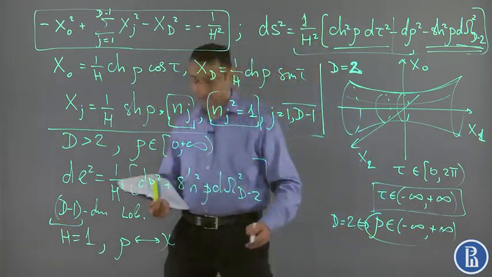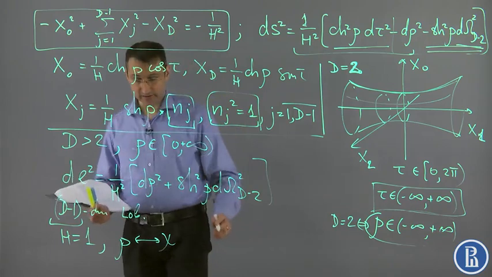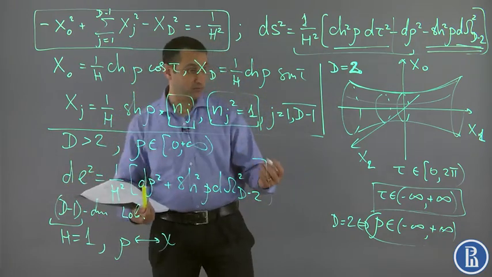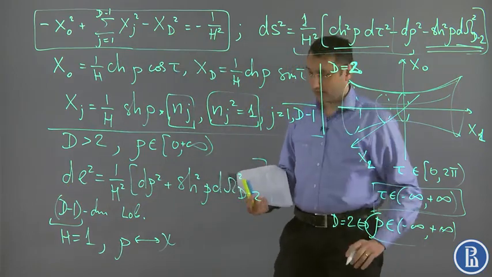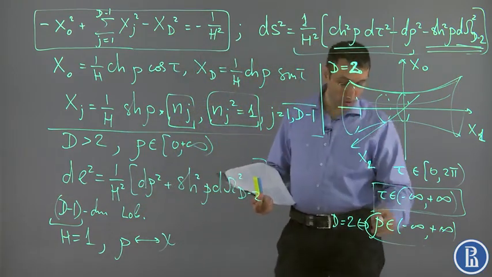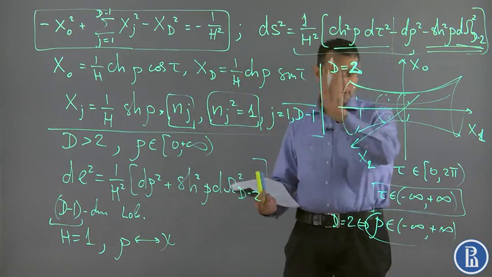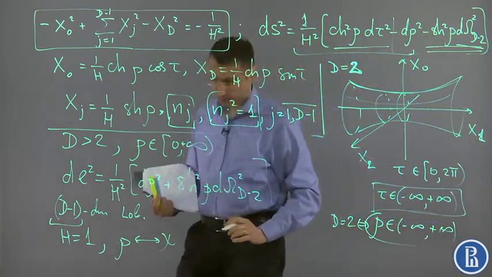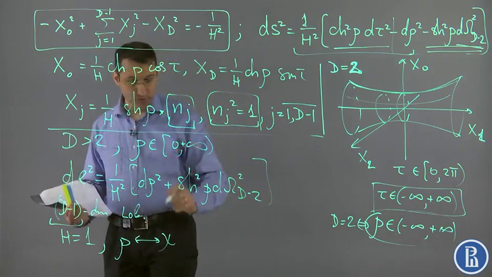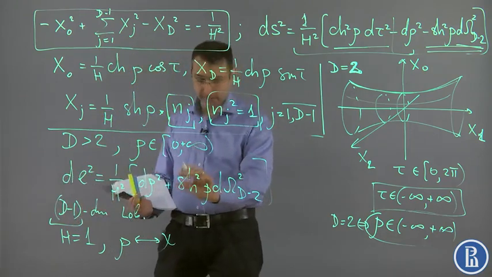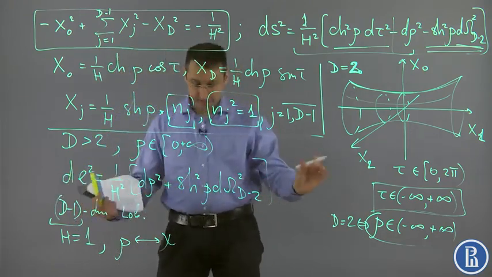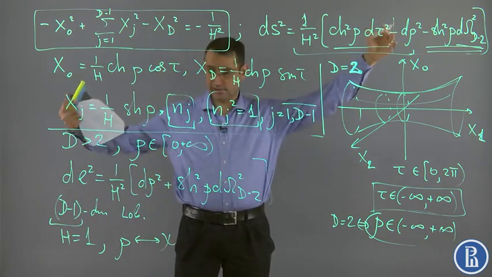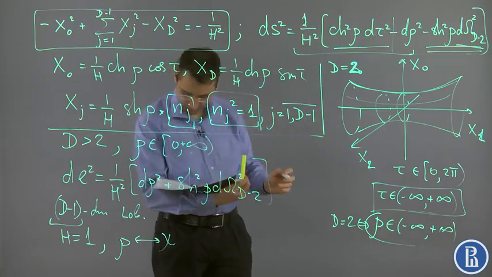In this case, for dimension greater than 2, anti-de Sitter space has only one boundary, not two boundaries. While rho equal to minus and plus infinity corresponds to the two boundaries in two dimensions, here rho equal to 0 corresponds to the center of what is topologically a disk, while rho equal to infinity corresponds to its boundary.